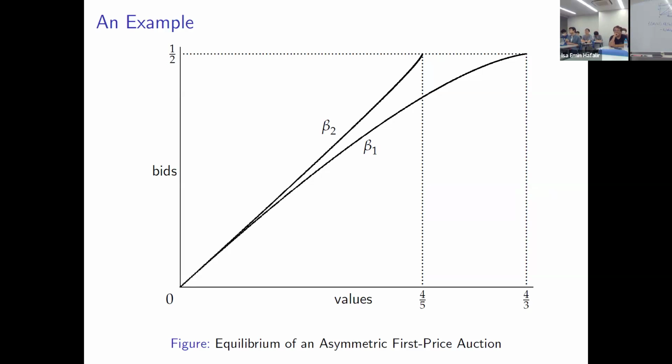Because let's say the value is 4.5 for bidder 2, and slightly here, this is 1 for bidder 1. Bidder 1 has a high value, but bidder 2 wins the item. That's why we will consider asymmetric auctions with resale on Friday, but not today.